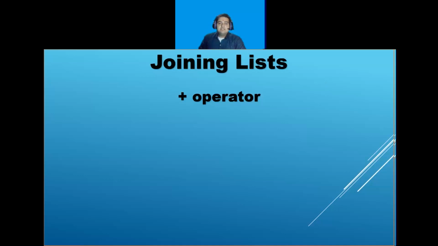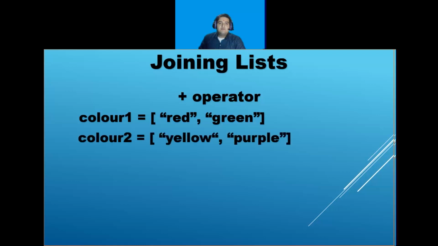One of the easiest ways to join two lists is by using the plus operator. So suppose that here is my variable 1 and I have variable 2. Variable 1 is color 1 and variable 2 is color 2.